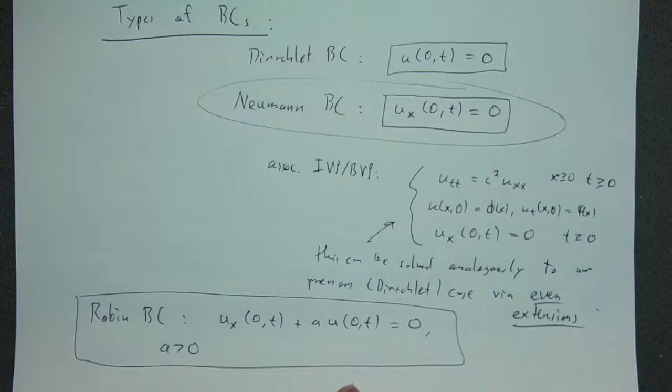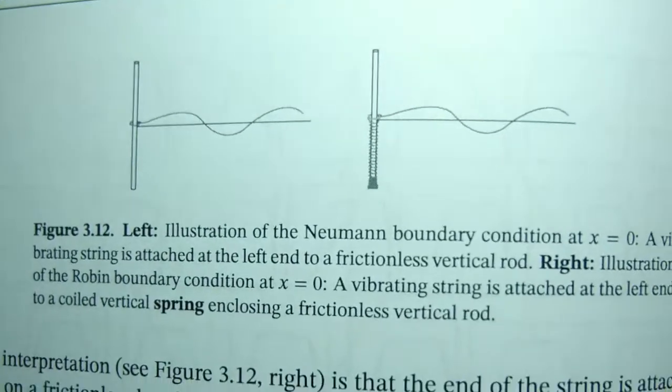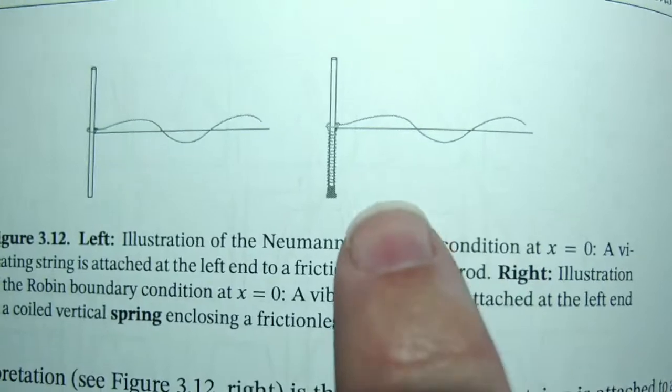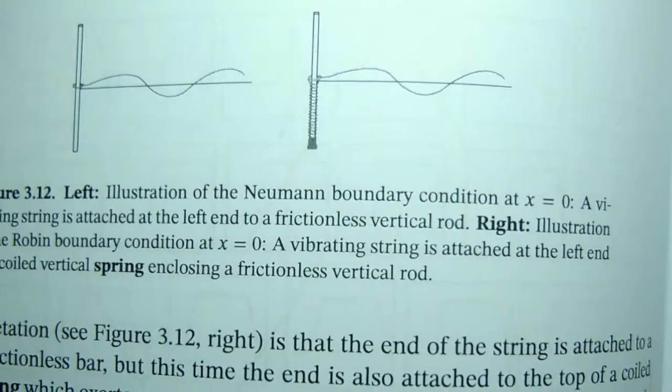So you have a spring with spring constant, which is related to this a here, which is at equilibrium exactly when the string is in equilibrium at our zero displacement point. But the left end is free to move. Here are two pictures illustrating the Neumann boundary condition and the Robin boundary condition.